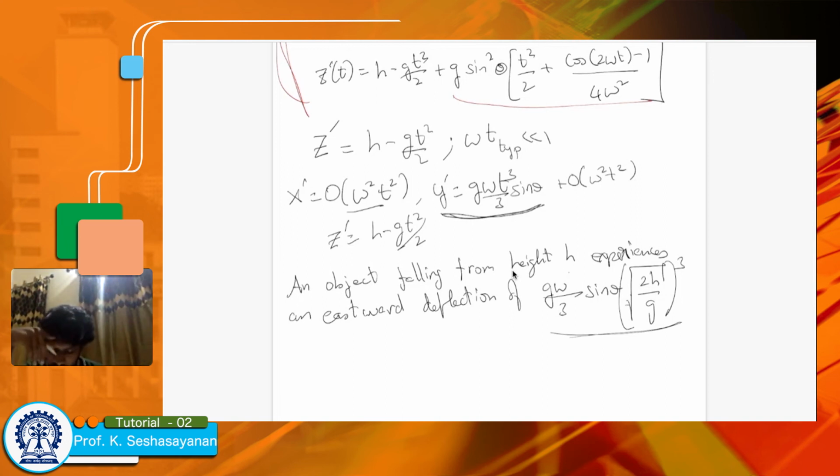This looks like a significant number, but since omega is small, if a mass m is falling from a height of 2 kilometers, the typical eastward deflection is of the order of a few centimeters. So for all practical purposes, it's quite hard to capture this eastward drift.